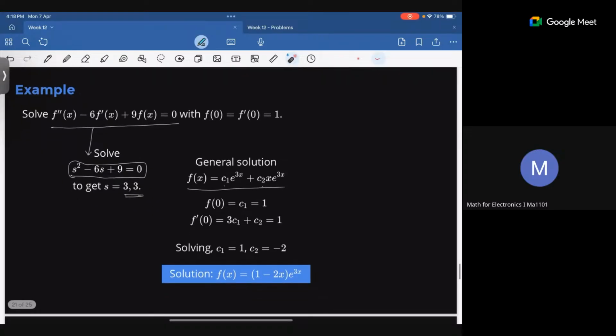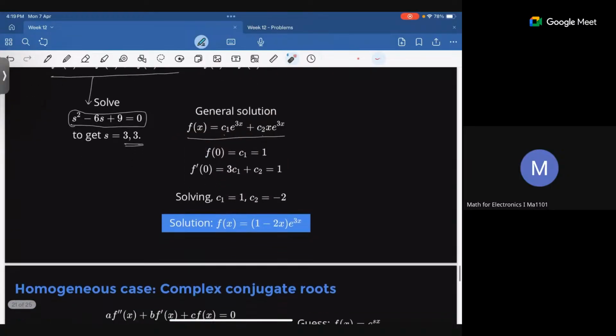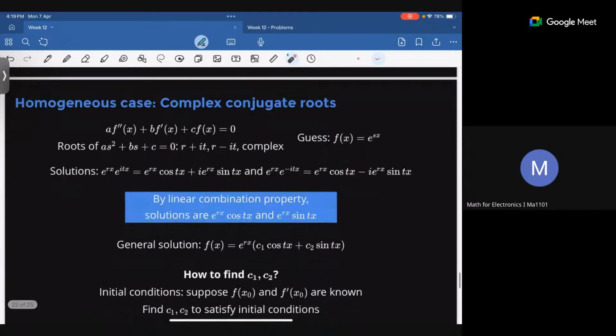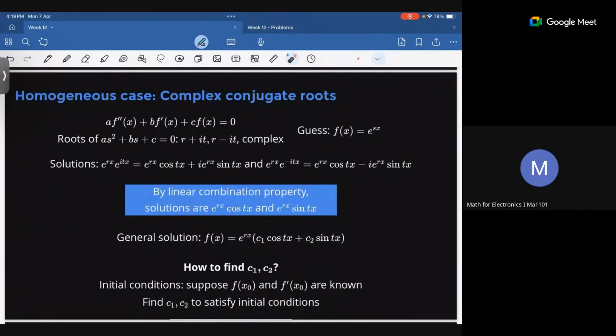Alright, so the only difference comes with the form of the general solution. Even in the third case, that will be the difference. If I have complex conjugate roots, which means I don't have a real root when I solve the quadratic equation, then the complex roots will always be conjugate pairs.